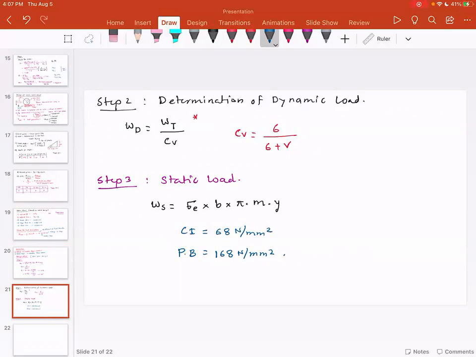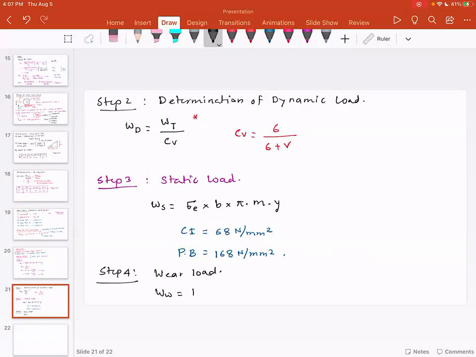And the last but not least is determination of wear load. Step 4 is wear load. And to find wear load, again, the equation is super simple.